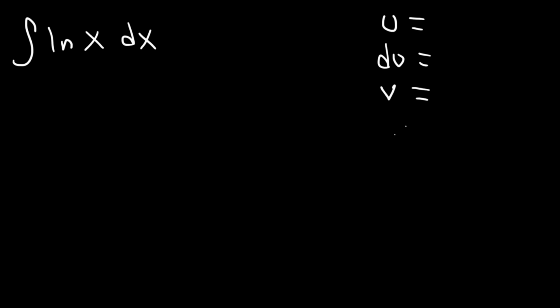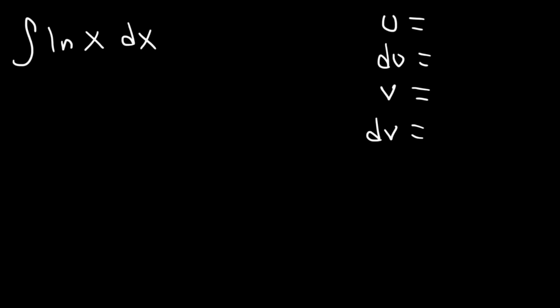Let's try this problem. What is the antiderivative of the natural log of x? How can we use integration by parts to get this answer? Now we can't make dv equal to ln x because we don't know the integral of ln x.